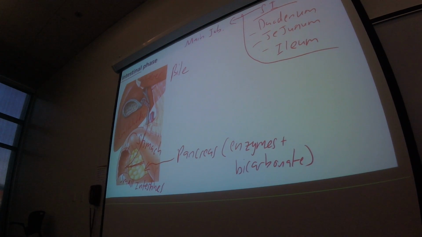This is where the majority of absorption occurs. Now, of course, there is some secretion, there's motility, there's still some digestion occurring. All of those are still happening, but this is where the majority of absorption is occurring. We're not including alcohol, of course, which is being absorbed here, but that was also being absorbed in the stomach.